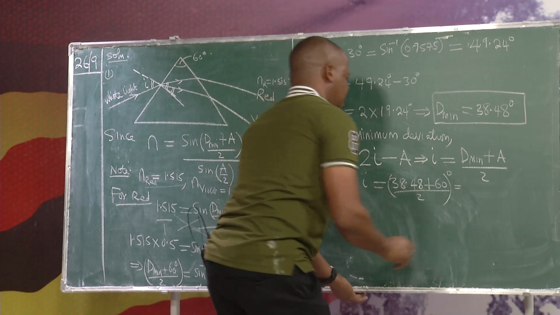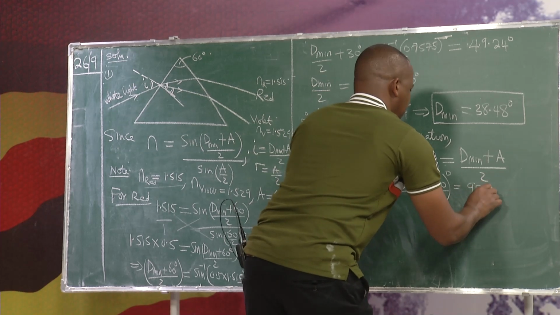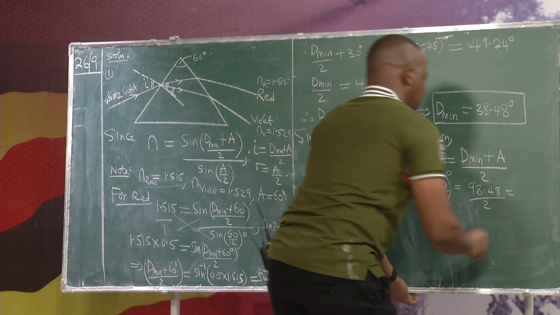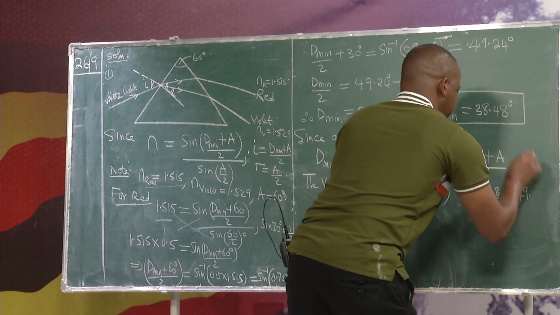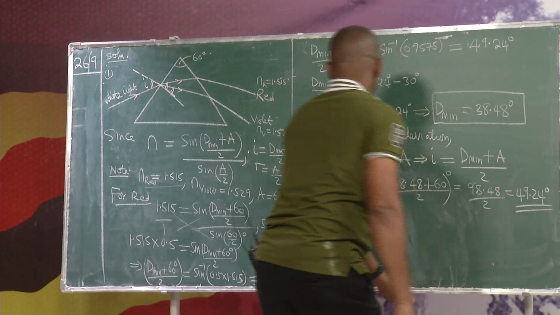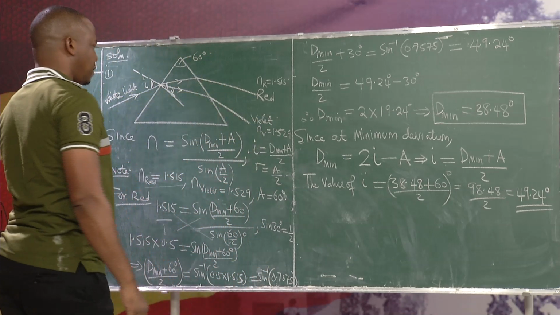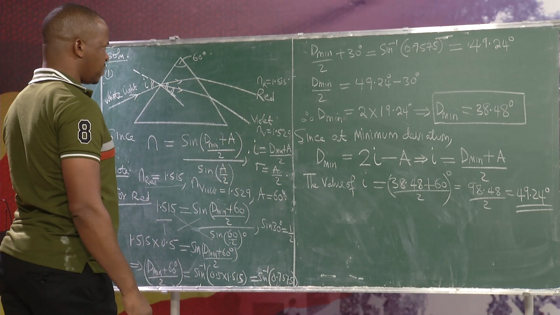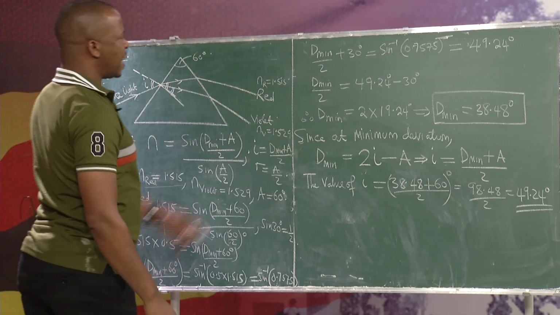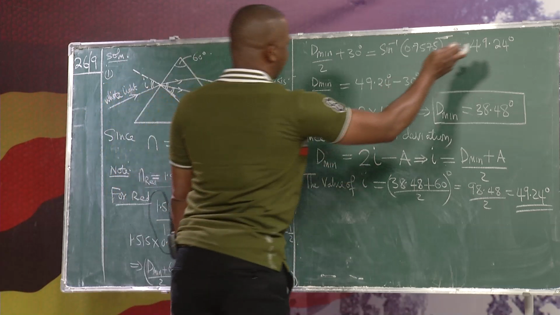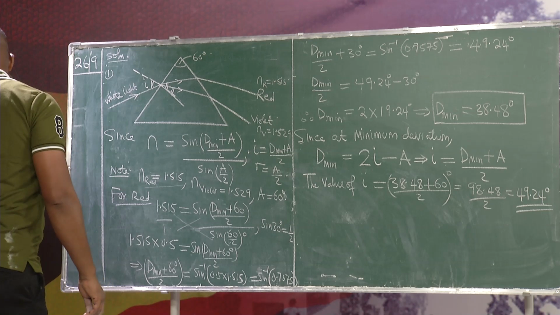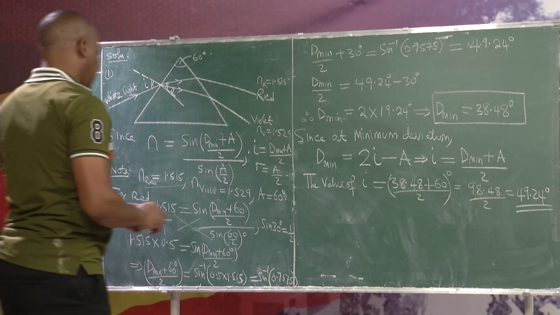This will give us 98.48 over 2, and this will give us 49.24 degrees, which we actually had right over here. So our value of the angle of incidence is therefore going to be this.